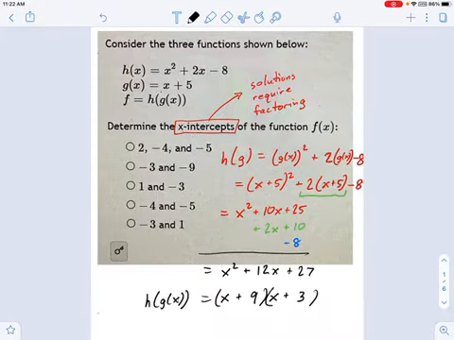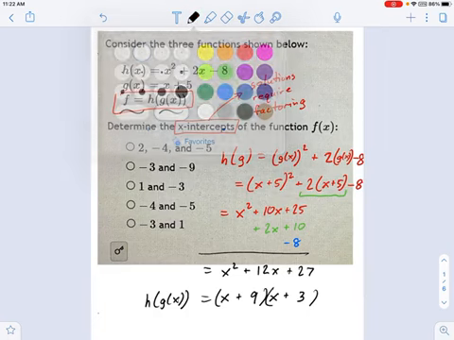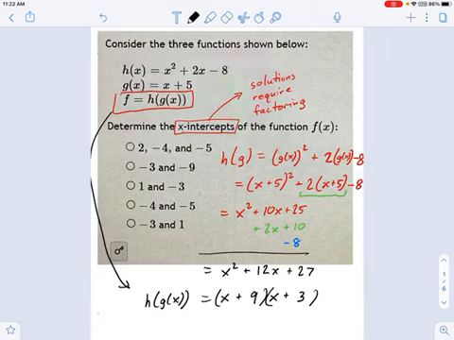So here's my factored form. This is h of g of x, which, remember what this is. This is f. Okay, it's a third function. So f of x equals h of g of x. Now, what this problem is asking is, what are the x-intercepts of f of x?